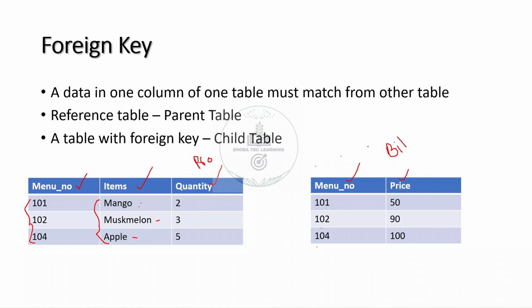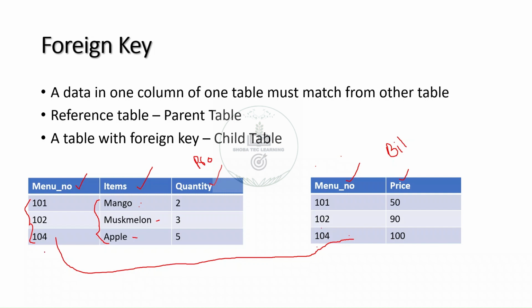Now you go to the billing session and you want to pay the amount for whatever you purchased. So how can they consider it? Based on this menu number, whatever items you are taking, they are considering based on the menu number.